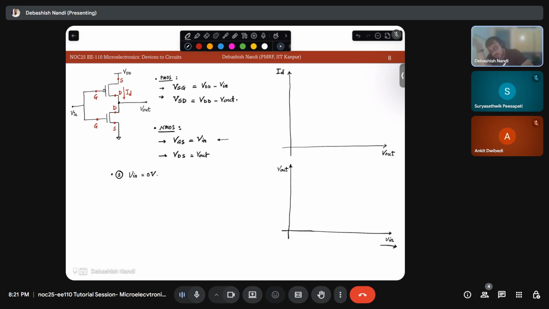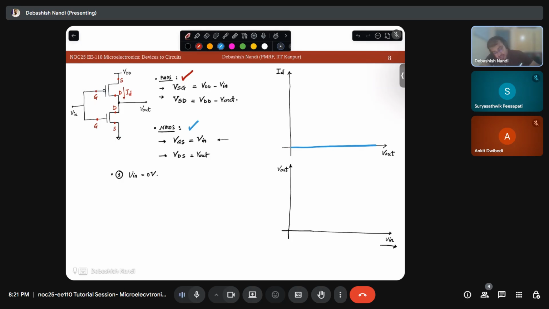I will draw NMOS characteristics in this color and let's say this color for PMOS. This is my NMOS characteristics.